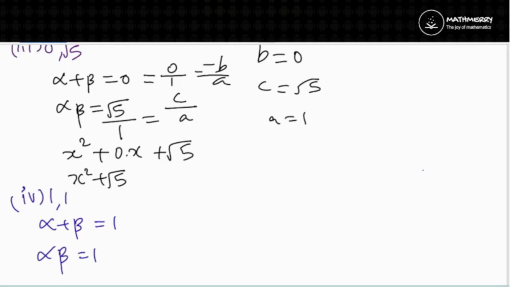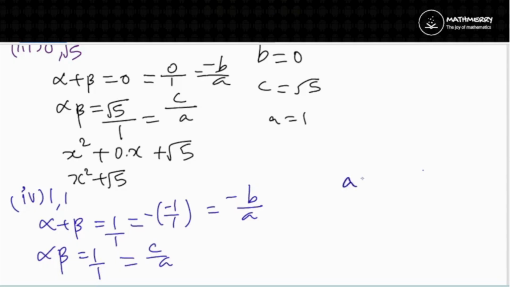So we can write this as 1 by 1 and this will become minus of minus 1 by 1. So this is minus b by a. So our b will be minus 1, and here again it's c by a.